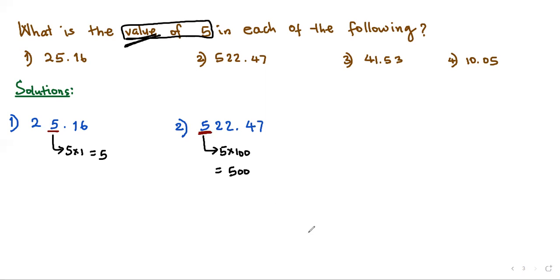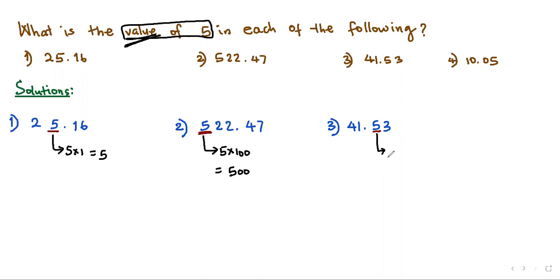Now, let's get to number 3. We have 41.53. And this time, 5 is here. What is the value of 5? 5 out of 10. Very good.